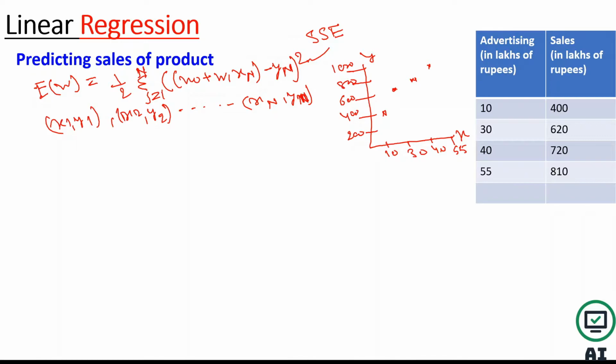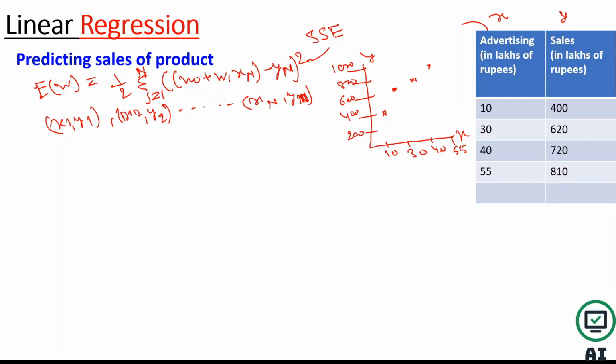If we go back to our original example, which I have already discussed in my previous video, where I explained what the error function and loss function are, predicting sales of a product given the money that is spent on advertisement. You can see here this is the historical data, where the x-axis represents advertising and the y-axis represents sales, and the same data I have plotted here.